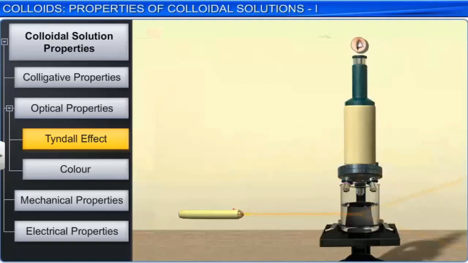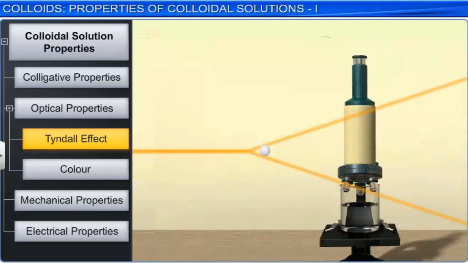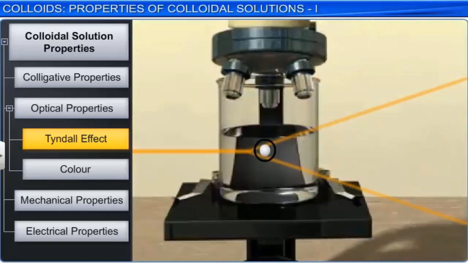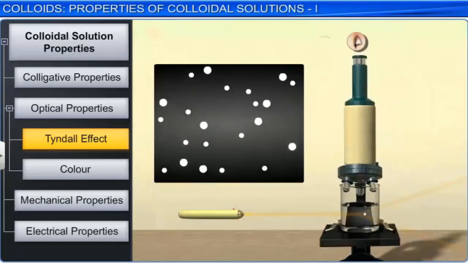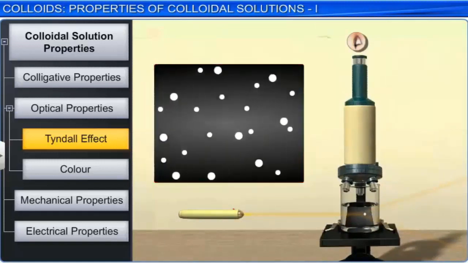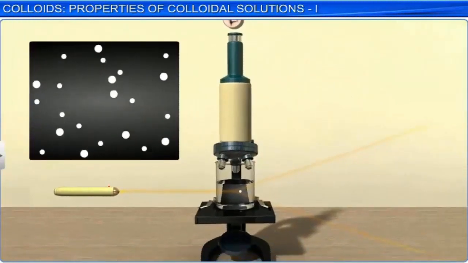The zone of light scattered by each individual colloidal particle is larger than the particle size. Therefore, a colloidal particle appears as a bright star against a dark background in constant motion when viewed through an ultramicroscope.